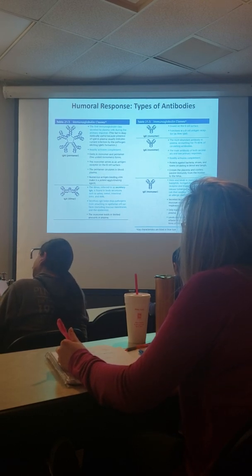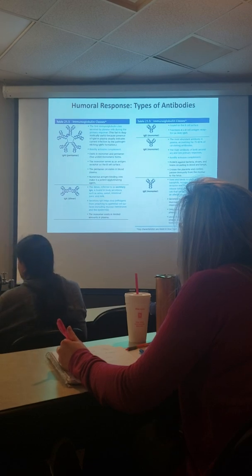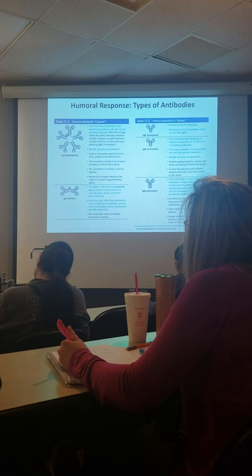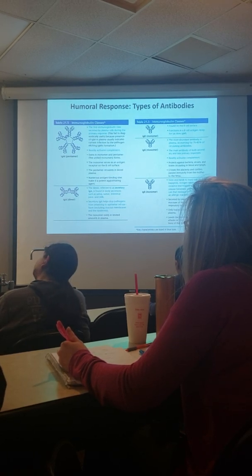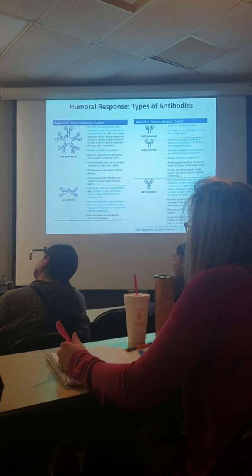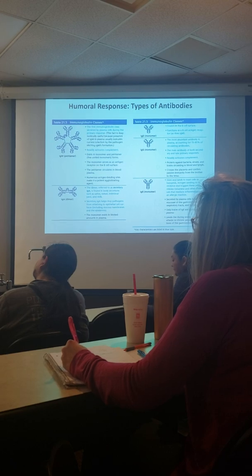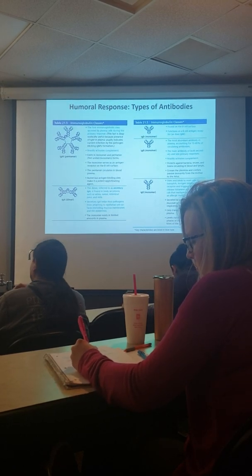So obviously your skin is on the surface, so if you secrete IgA on the surface, you're going to fight on the skin. If it's in your tears, it's going to fight in your eyes, right? If it's in your saliva, it's going to fight in your mouth. If it's in your mucus, like your respiratory tract, it's going to fight in your trachea. But the whole purpose of IgA is surface protection. Okay?